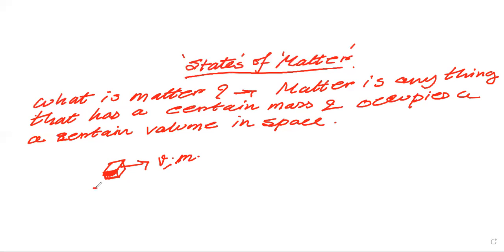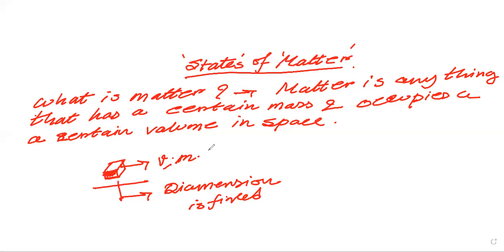But here you can see that it has a specific dimension. The dimension is fixed. And if you change pressure or temperature, then the dimension will not alter very much. But if you take a cylinder of gas, then if you change the temperature, the pressure of the gas inside the cylinder will vary.